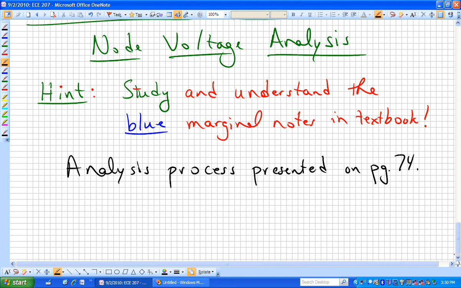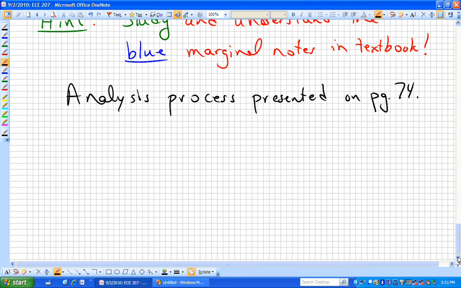And I've tried to include the problem statements on the D2L website. If you're having trouble with your particular textbook edition, hopefully that will help. Okay? If you have a newer edition or if you have another kind of edition. Let's look at nodal analysis.